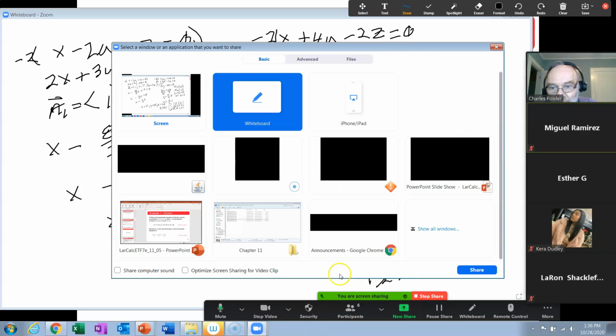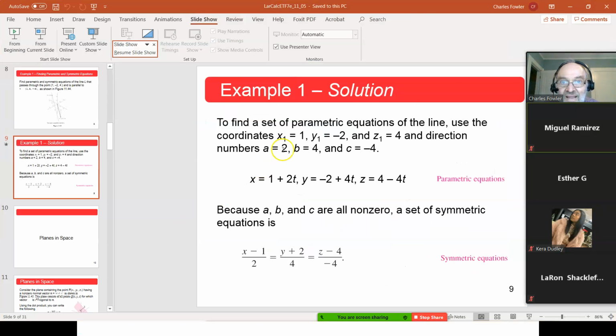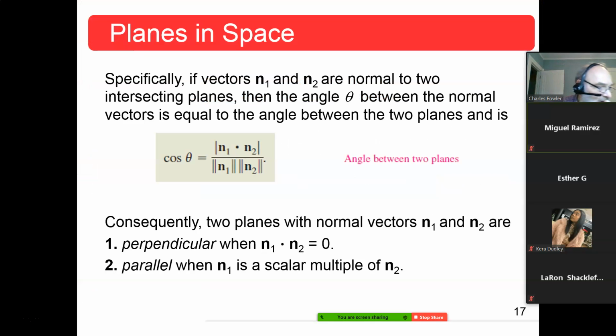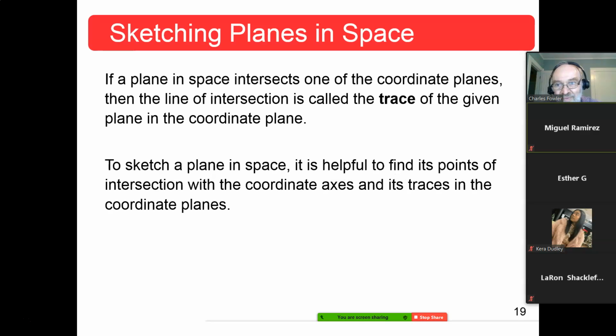All right, where we're going to go is back to 11.5 and go back to the slideshow, and we're going to now move to sketching planes in space. Not my favorite activity of all time because they're really hard to sketch.